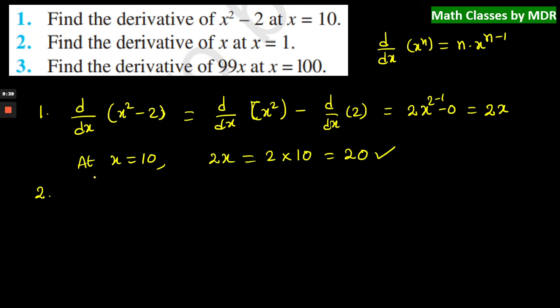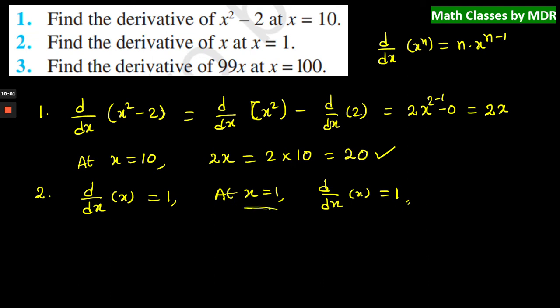The second one is find the derivative of x at x is equal to 1. What is the derivative of x? d by dx of x is equal to 1. So at any value of x, it is always 1. At x is equal to 1, the d by dx of x is also equal to 1. So that means when there is no variable in the derivative function, then irrespective of the x value, that remains constant.